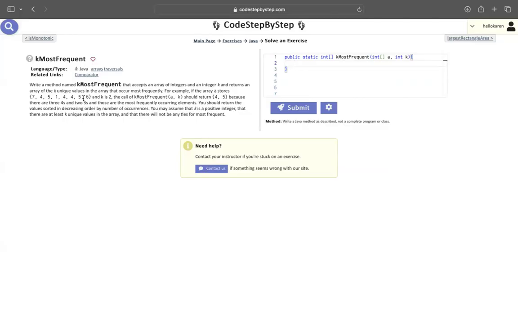If you have five different numbers in the array, you need to keep track of five frequencies. So if you have one variable to keep track of a number and one variable to keep track of the frequency, how are you going to do that for all five? Does that make sense?